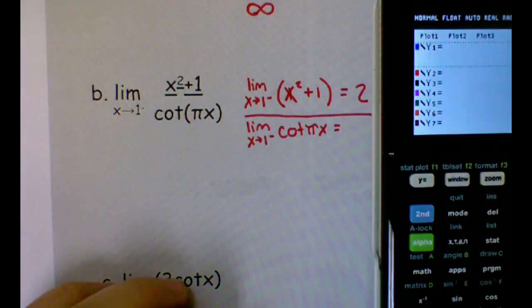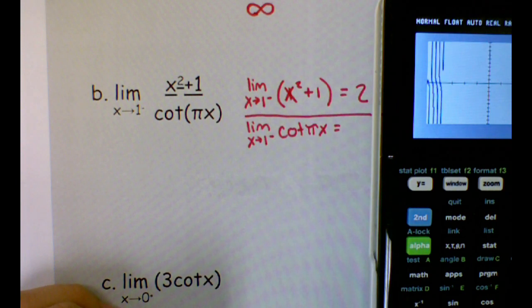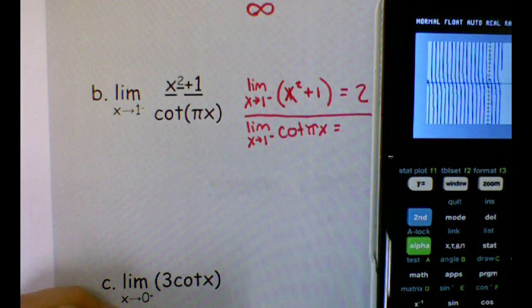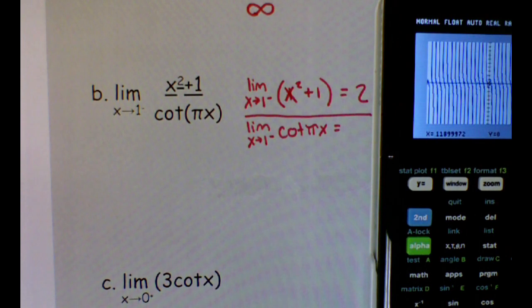So I could take out my handy dandy graph. To graph cotangent of x, I do 1 over tangent, and I want pi x. Graph it as I approach 1 from the left. All right, to take a look at this, we may want to use the trace feature of our calculator.